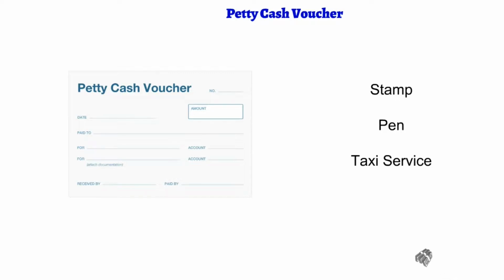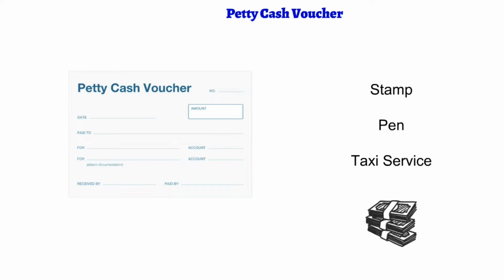So anything that can be taken care of in terms of small expenditures that is less than maybe $1,000. The key thing, there would have to be a cap in the expenditure particular to an individual or a department, depending on the size of the business. So the expenditure has to be capped, like to say no more than $2,000 per department or person to take care of small expenditures.